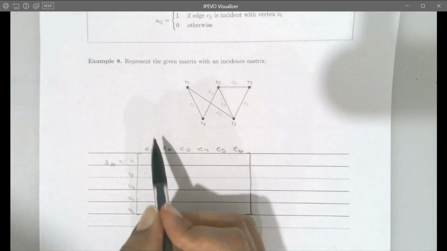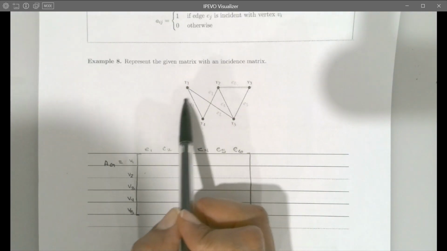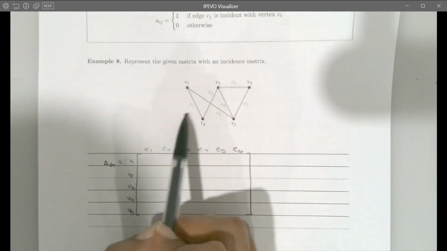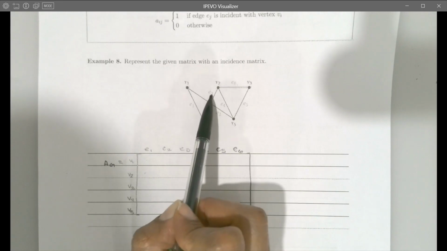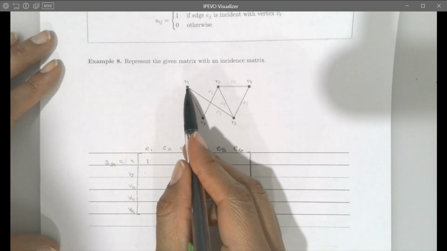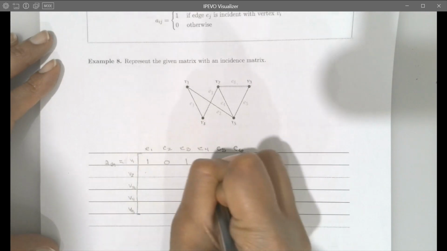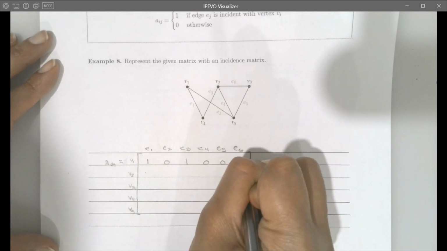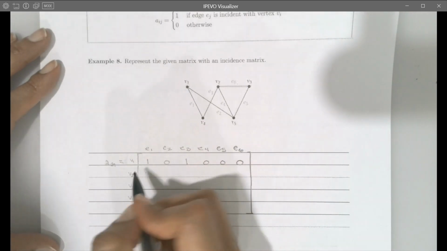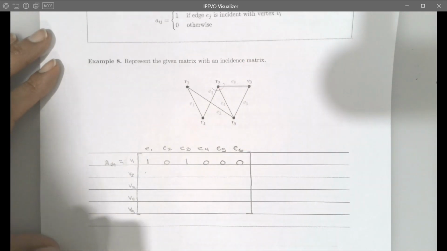Okay, so now we take a look at vertex 1 and see which edges are incident to V1. That would be edge 1 and edge 3. So that means that at the first row, first column, we would have a 1, and at the first row, third column, we would have a 1, and then zeros everywhere else. Next, we take a look at V2 and see what edges it's incident to.